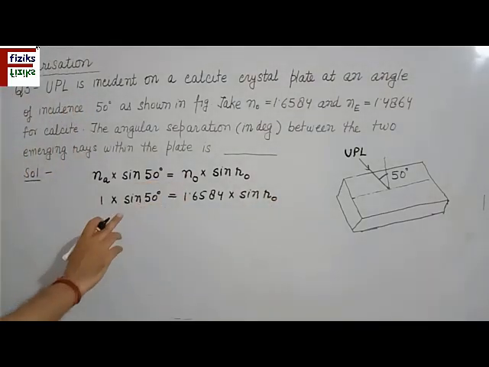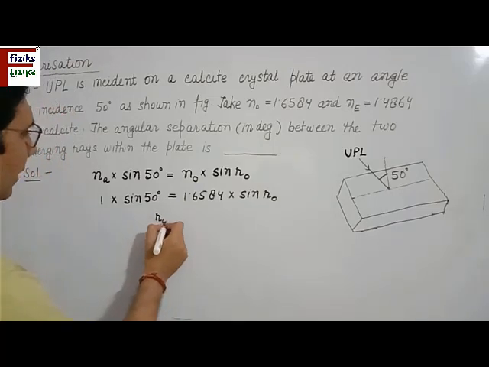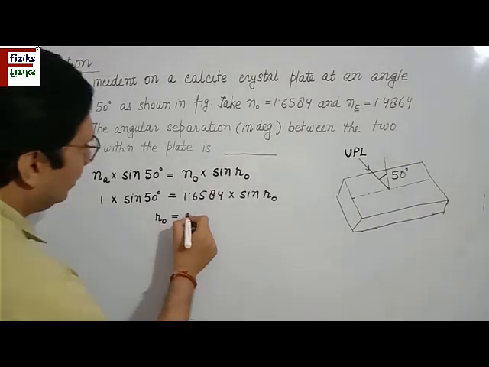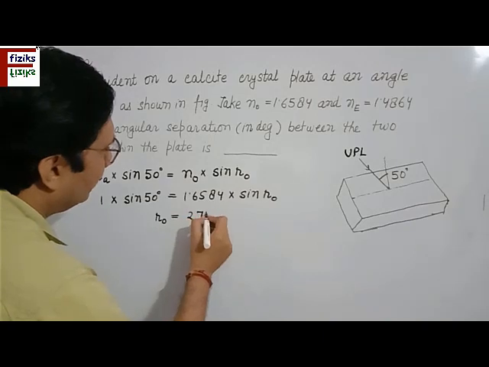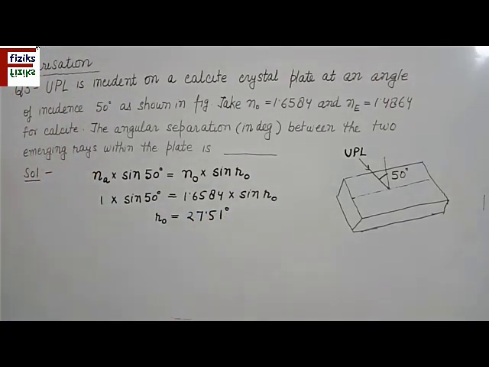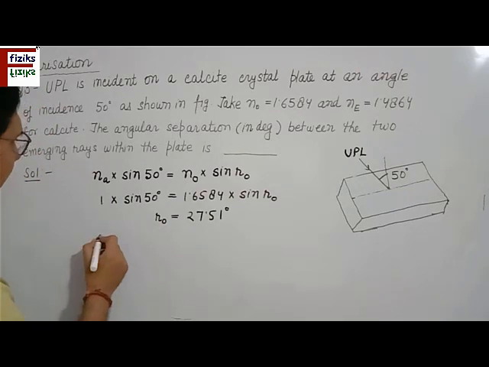Now by solving this equation with the help of a calculator, we find that RO comes out to be 27.51 degree. This is the value of RO. Now apply Snell's law for the extraordinary light.